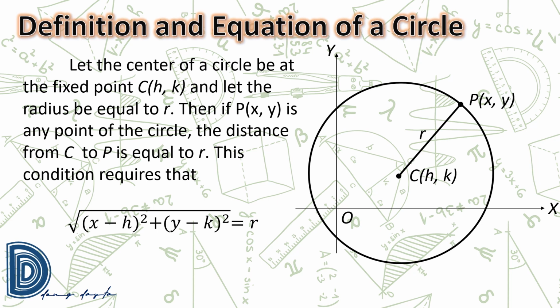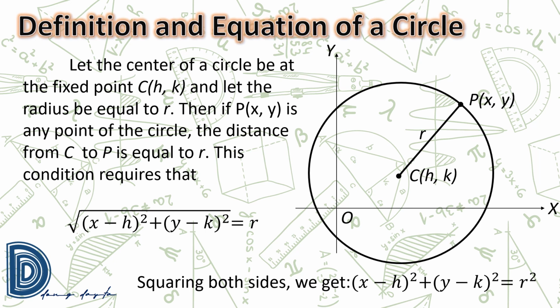This condition requires that the square root of (x minus h) squared plus (y minus k) squared is equal to r, using the distance formula between any 2 points. Squaring both sides, we get (x minus h) squared plus (y minus k) squared is equal to r squared.